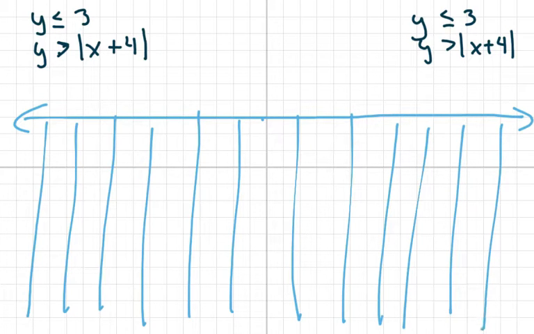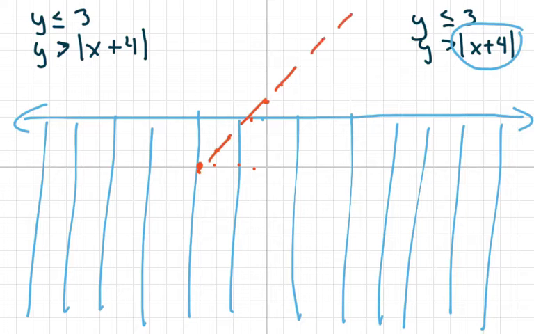And the next one is y is greater than the absolute value of x plus 4. Well, this is a horizontal shift to the left by 4. So I'm going to go over by 4. 1, 2, 3, 4. And it's a dashed line, so I'm dashing it.